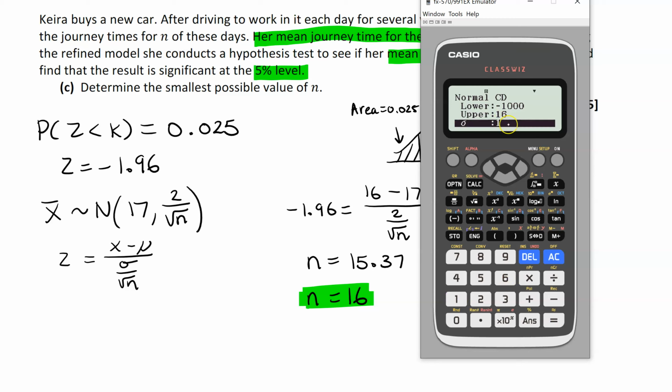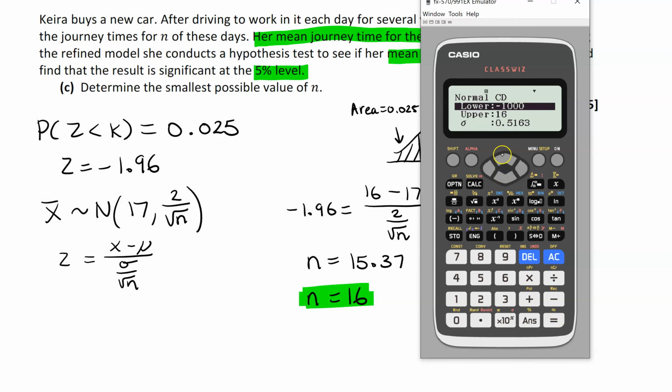The standard deviation, now we can try it out with 2 divided by, let's say we have n as 15, so I'll show you why this doesn't work. And our mean is 17. Now when we do that, we get a value that's greater than 0.025, which is half our significance level. So that wouldn't be valid.